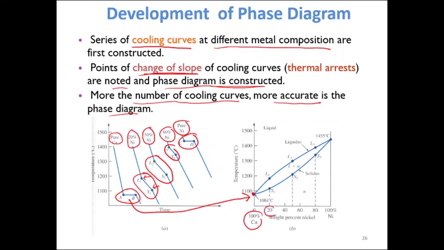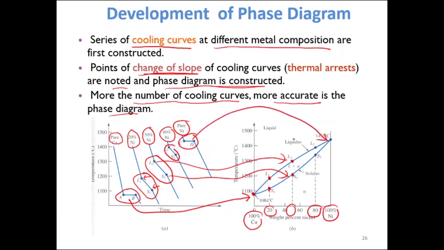At 20% nickel, we have L1 and S1. At 50%, we have L2 and S2 taken from the cooling curves. It keeps going for 80% and until 100% nickel. We take these temperatures and plot them in the phase diagram. After that, we connect the dots and we get the phase diagram for the copper nickel alloy.